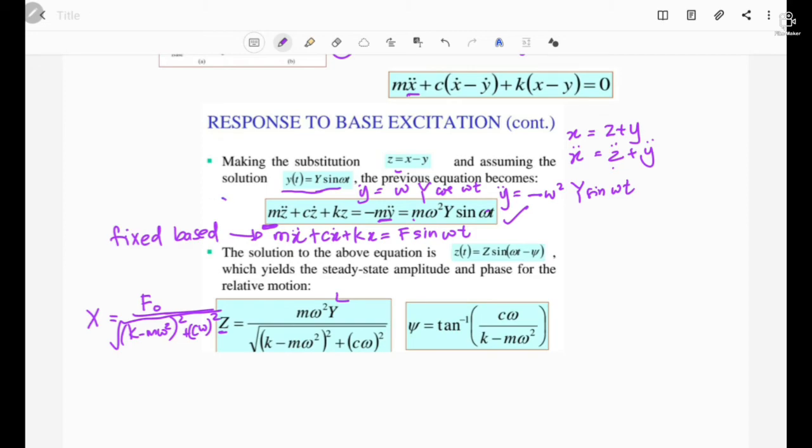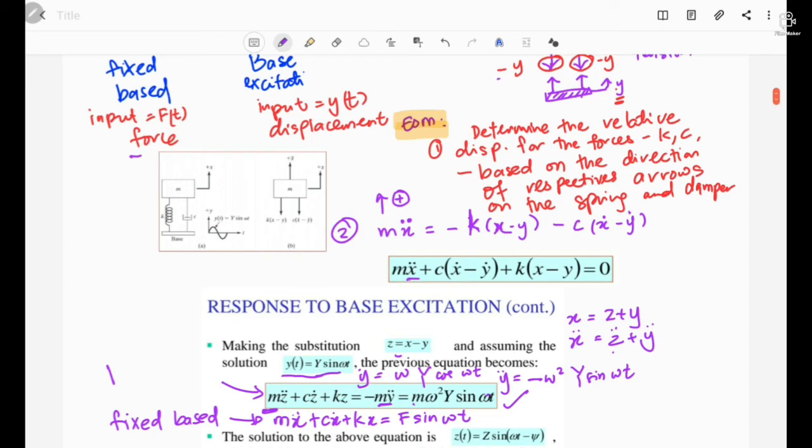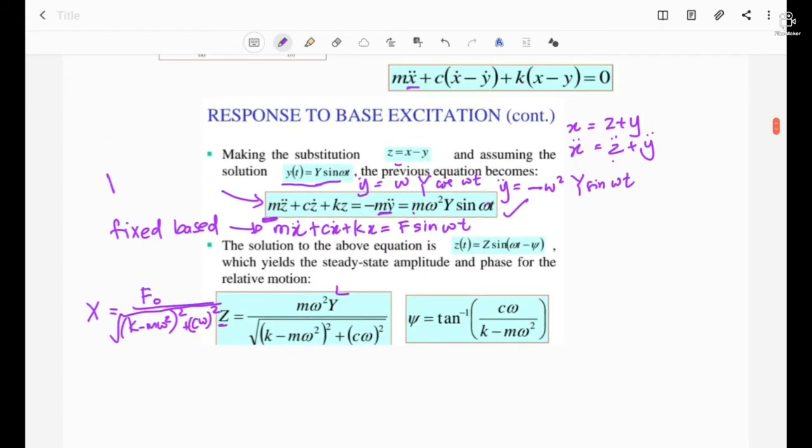and this is for base excitation, or when you have base excitation. So when you have base excitation, the variable is in terms of z, so that's why you have this capital Z. Then your input is in terms of m omega square y, so it's actually your f naught here.